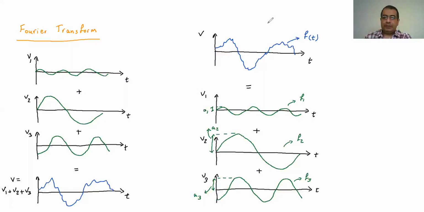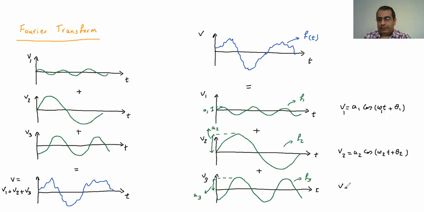So I can write it here. This one, V1, is A1, and assuming it's a cosine wave, it's going to be cosine of omega 1 t plus theta 1. Also, I can write the same for this one. So V2 is A2 cosine omega 2 t plus theta 2.